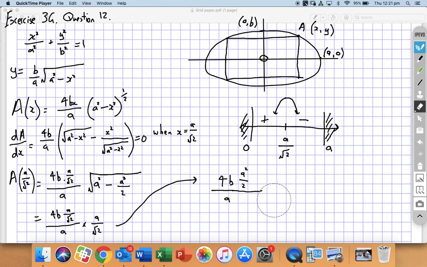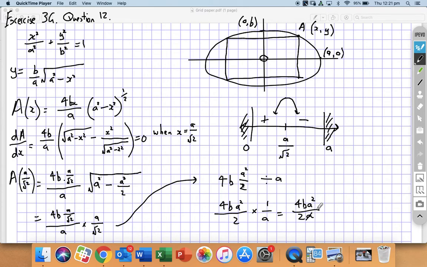Now, if this is all divided by a, what will that look like? It's going to look like this: 4b a squared on 2, divided by a, well, that's the same as times by 1 on a. So that equals 4b a squared on 2a.